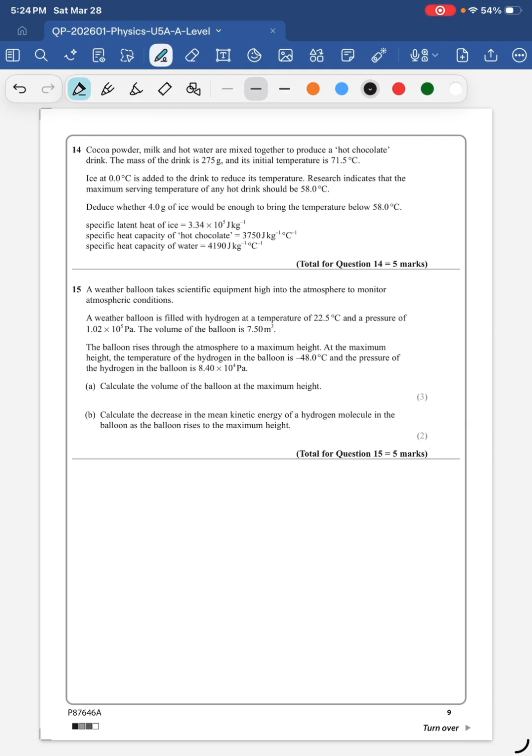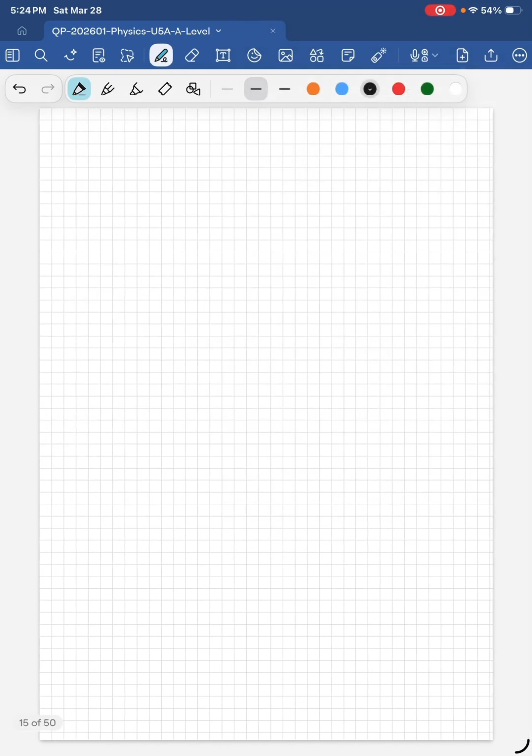Deduce whether 4 grams of ice will be enough to bring the temperature below 58 degrees Celsius. And they give you the specific heat capacity of ice, the specific latent heat of ice, the specific heat capacity of hot chocolate, and the specific heat capacity of water.